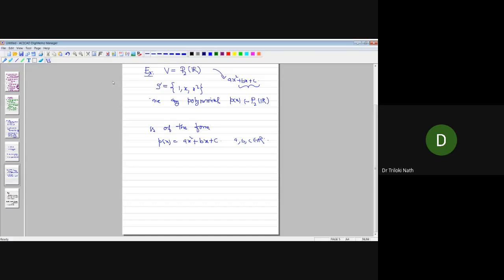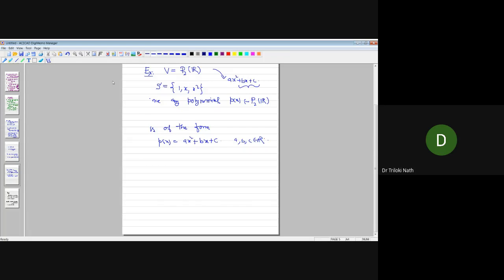So it depends on the coefficients. If a is non-zero, it is of degree 2. If a is 0 but b is not 0, it is of degree 1. If a and b both are 0 but c is not 0, it is of degree 0. If a, b, c, all the coefficients are 0, then it is the 0 polynomial and it is of degree -1. You know very well. So whatever the polynomial is in P2R has this type of form.